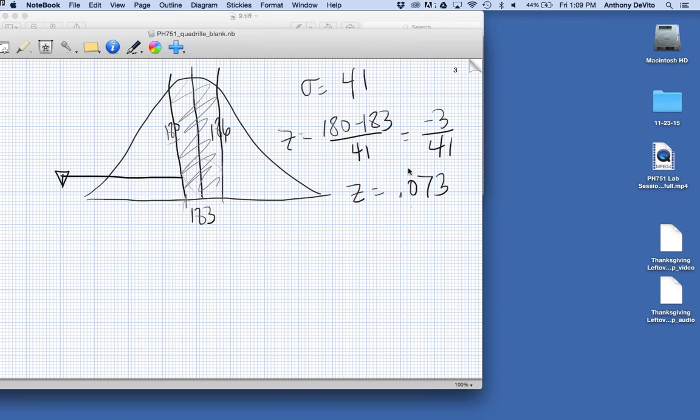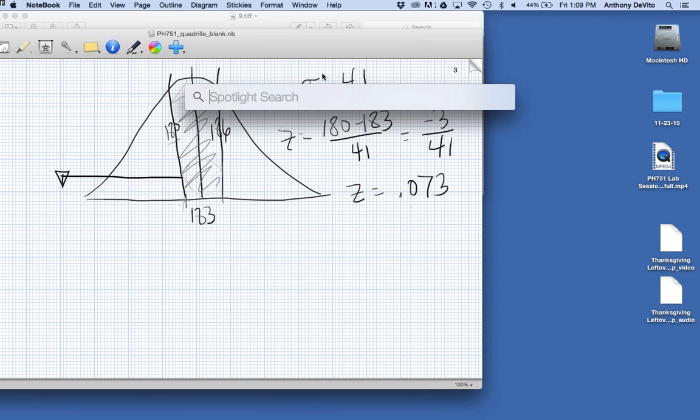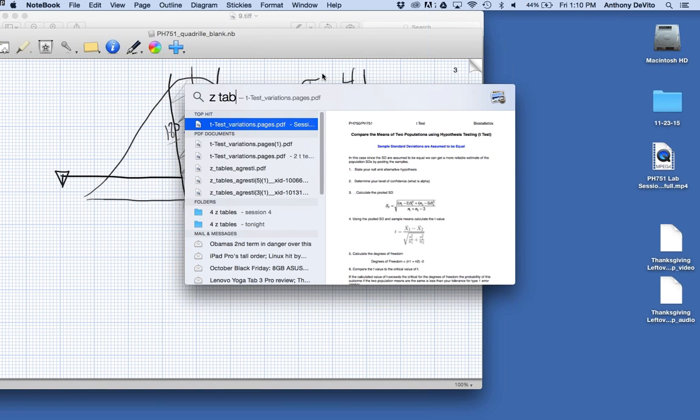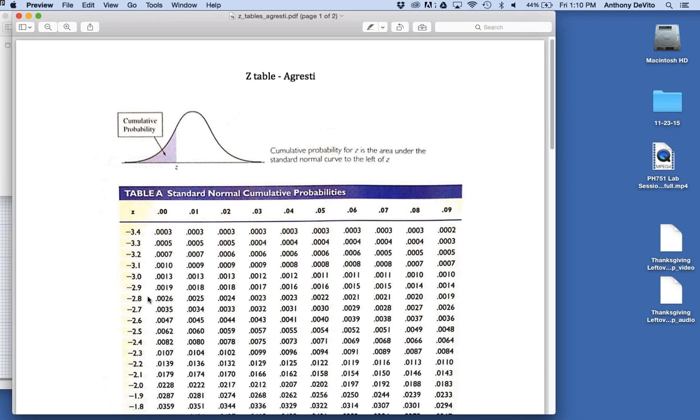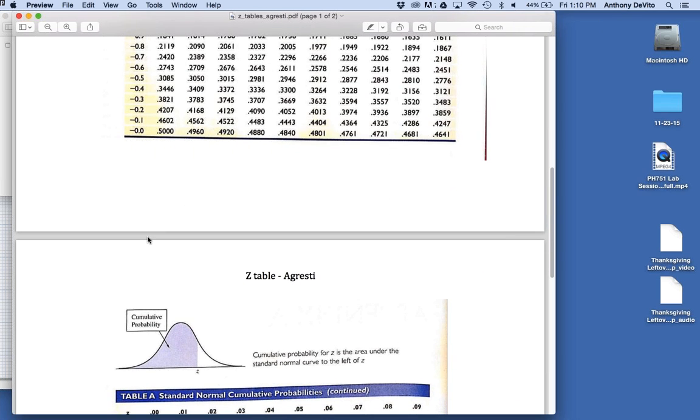Okay, so now let's go to our table, or Excel, or whatever other source you want to use, to find this normal distribution. Z table. Okay, let's open this one. So a z-score of minus 0.07.